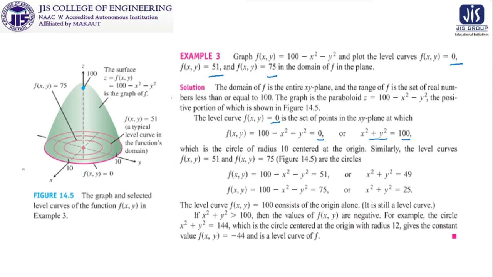So this is the circle. Look at this. This circle is nothing but x square plus y square equal to 100. So it is the level curve of f(x,y) equal to 0.